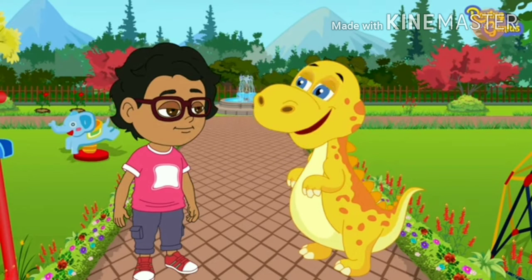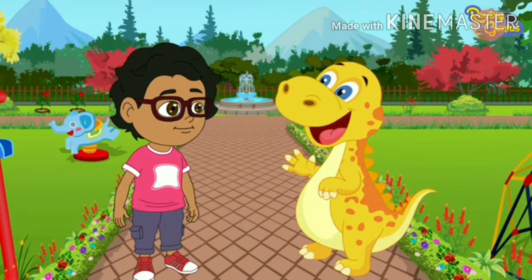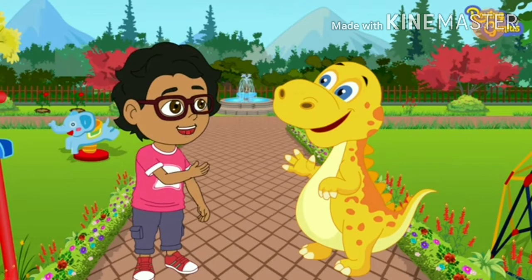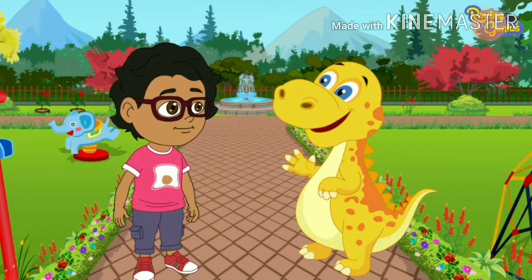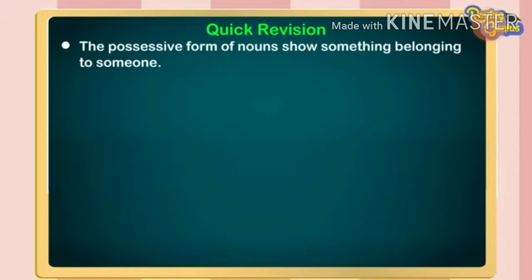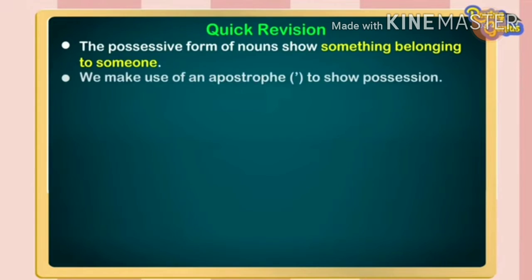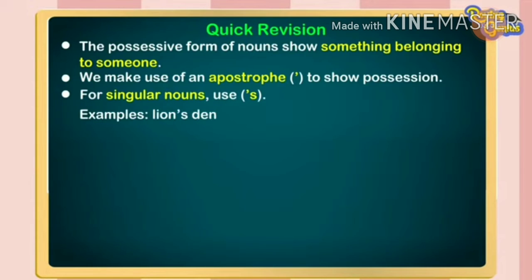Jimmy, now that you know what possessive nouns are, can we repeat it quickly? Yes. The possessive form of nouns shows something belonging to someone. We make use of an apostrophe to show possession. For singular nouns, use apostrophe s.